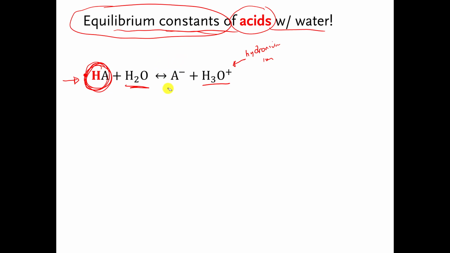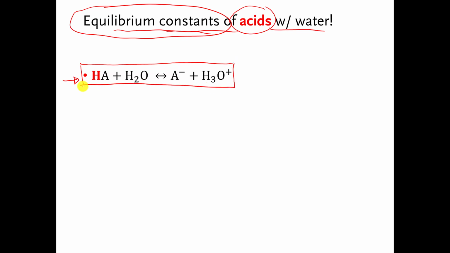But let's pretend that we don't necessarily know whether it's a weak or a strong acid. What we could do is look at the equilibrium constant for this reaction, and if the KEQ is a really big number, that means the right side of the equation is favored, and that would mean that this would be a strong acid.